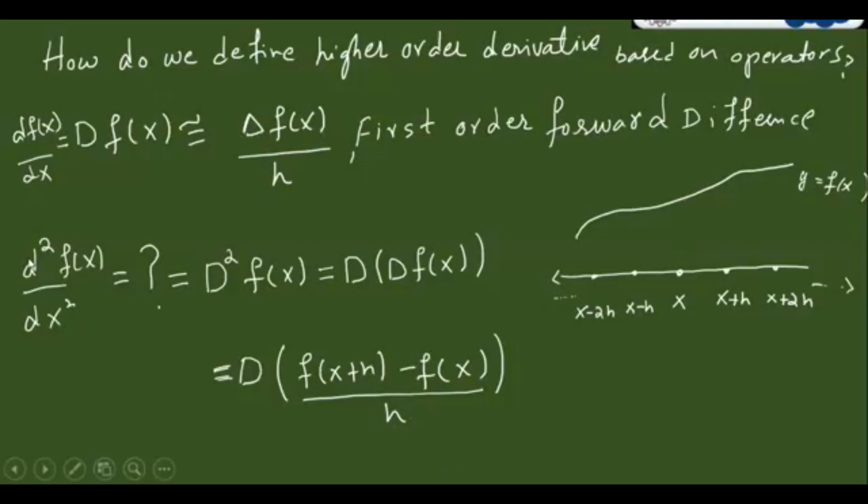Now this is the second order derivative, and second order is represented by d2 f of x. One thing you can clearly see is that h is a numerical value. Let's say we have data at a distance of 0.1 units from each other.